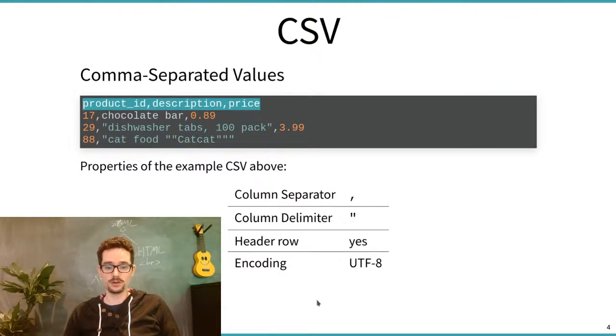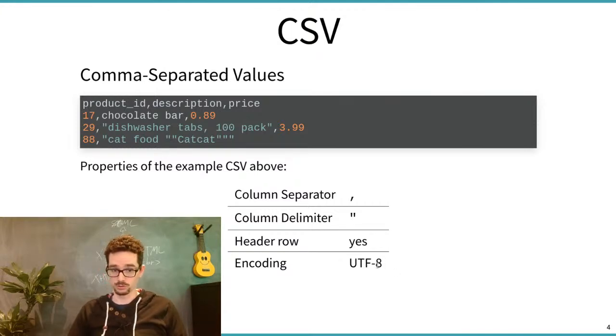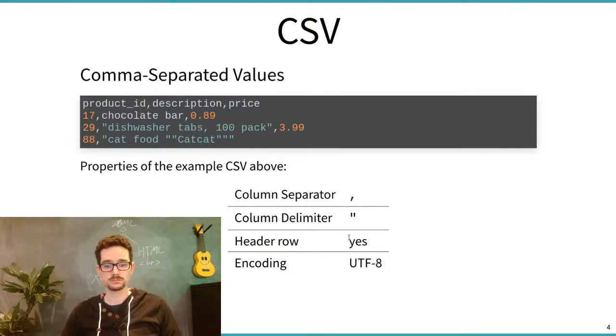Other files don't have header rows. And the encoding, yeah, it's important for the program that imports this file to understand which file encoding and character encoding is used here so that you don't have problems with umlauts and special characters and Chinese symbols and so on.